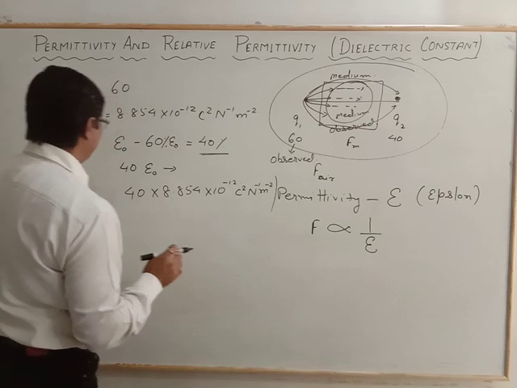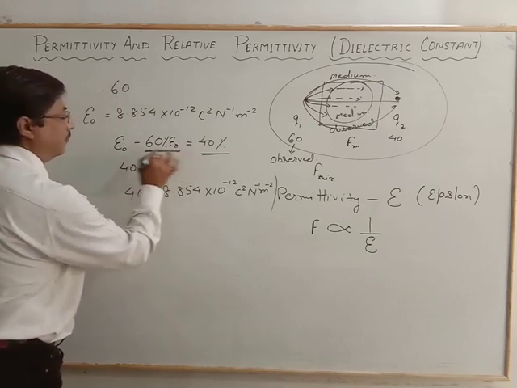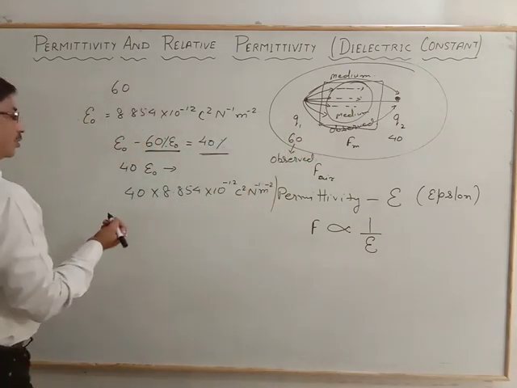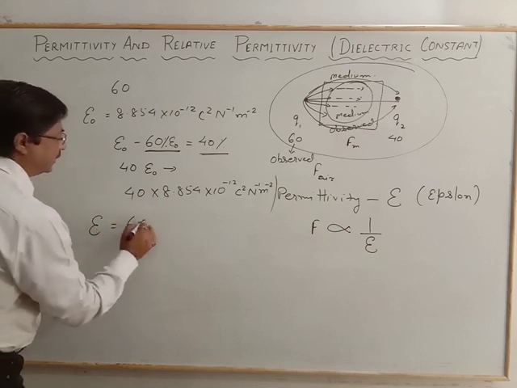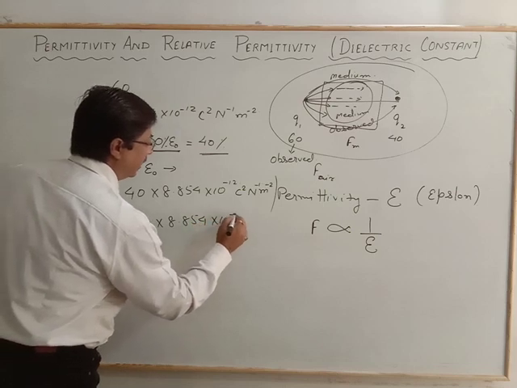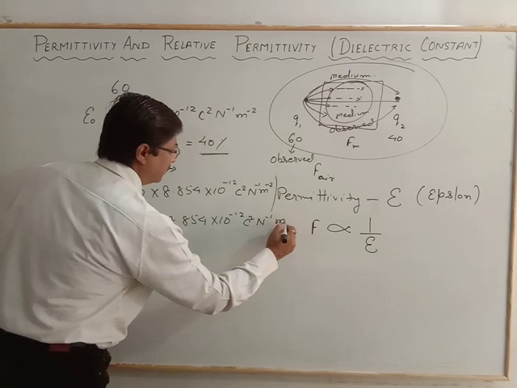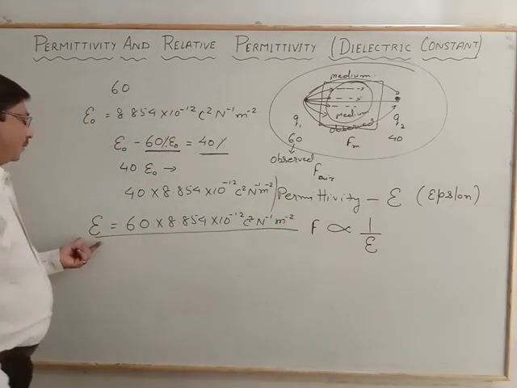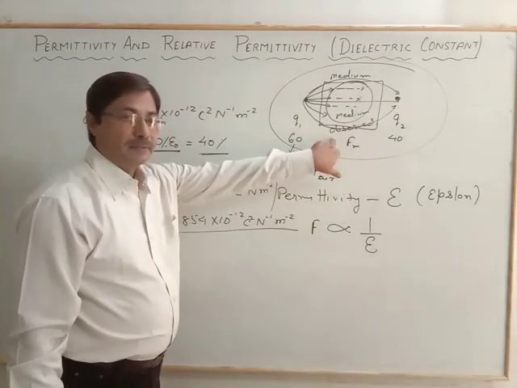This will give the absolute value of the medium, the absolute value that will reach the charge. And if we consider the medium, how much it will absorb, that is 60 percent. So in that case, epsilon of the medium is equal to, we may write, 60 into 8.854 into 10 to the power minus 12 Coulomb square per Newton per meter square. What it shows is the absolute value of the permittivity in a medium.